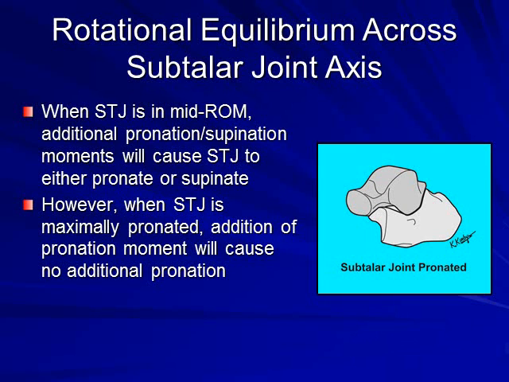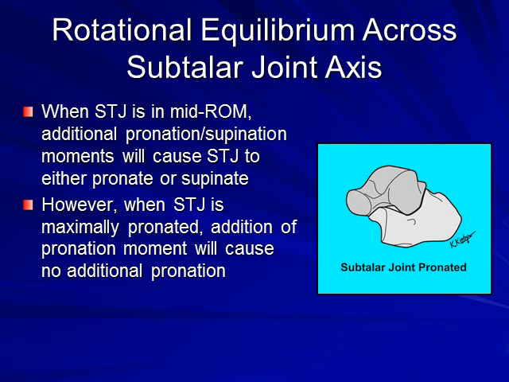However, once we've reached the maximally pronated position, these free movements in response to additional pronation and supination moments don't always occur. And this has been a topic of special interest to me for the past 30 years when I've done my research on subtalar joint axis location and also rotational equilibrium across the subtalar joint axis.